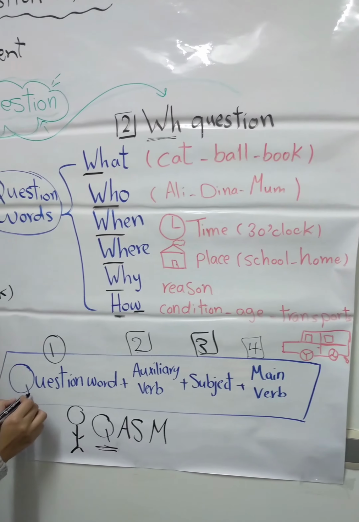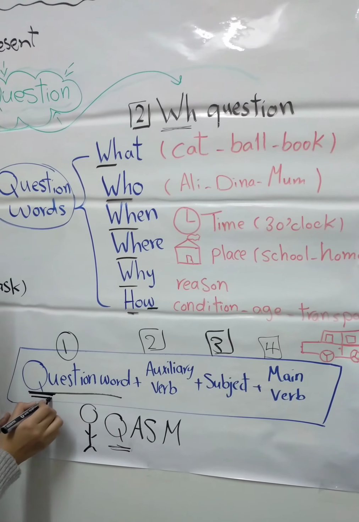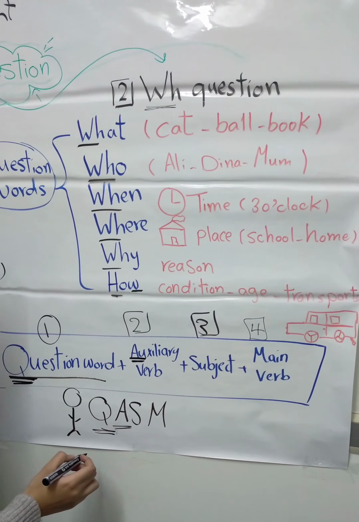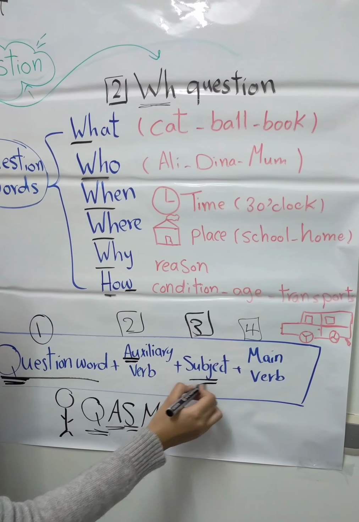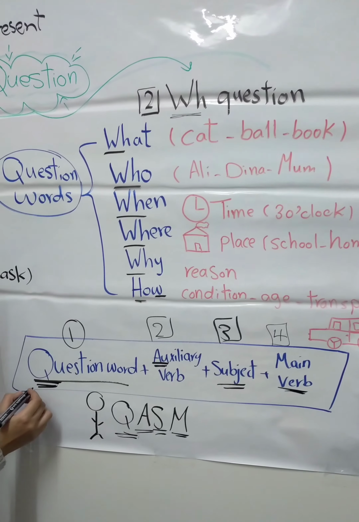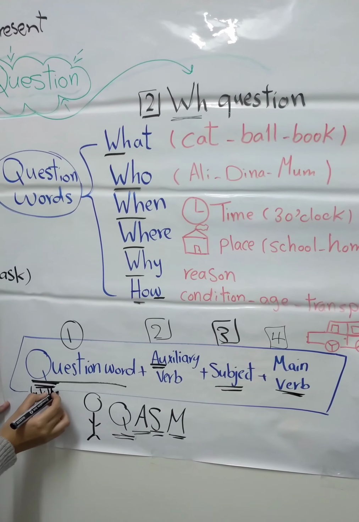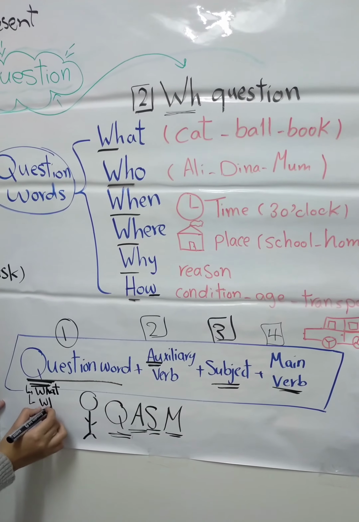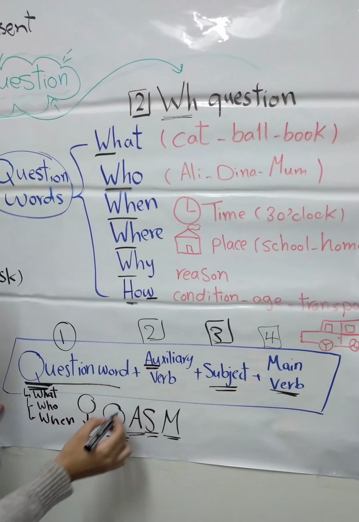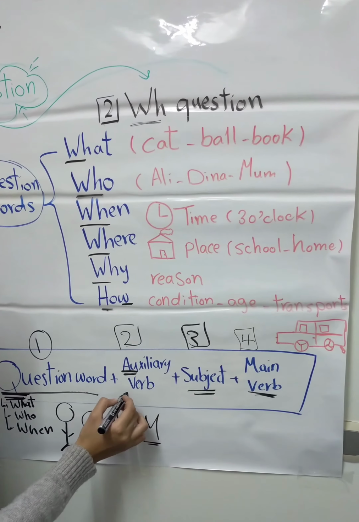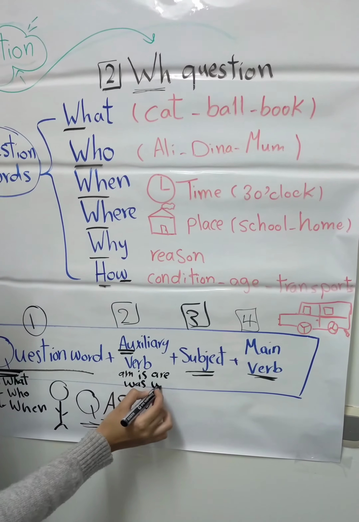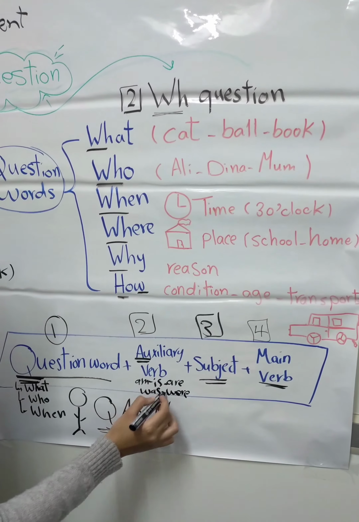Q like question word, and A like auxiliary verb, S like subject, M like main verb. Again, question word like what, who, when, and so on. Auxiliary verb like am, is, are, was, were, and so on.